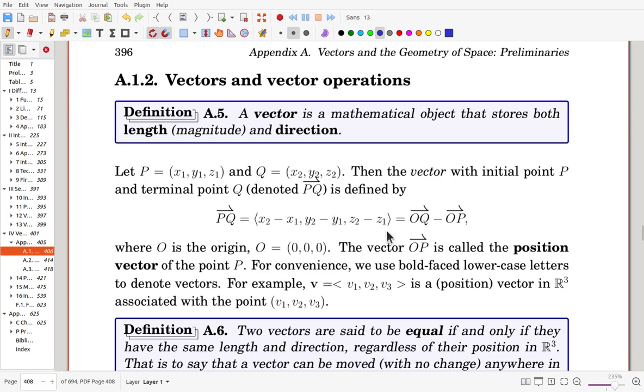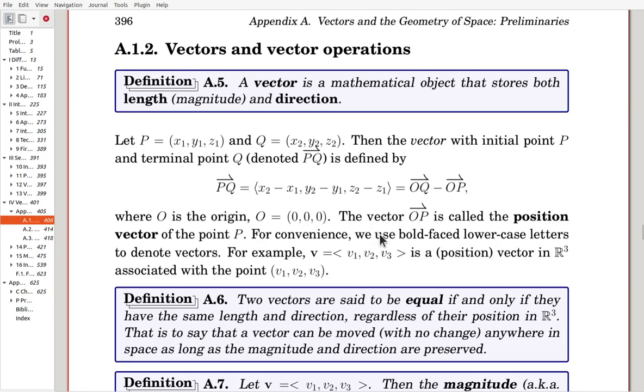Vectors and vector operations. A vector is a mathematical object that stores both length and direction. If there are 2 points in 3D, then the vector starting from P to Q can be defined in this way.